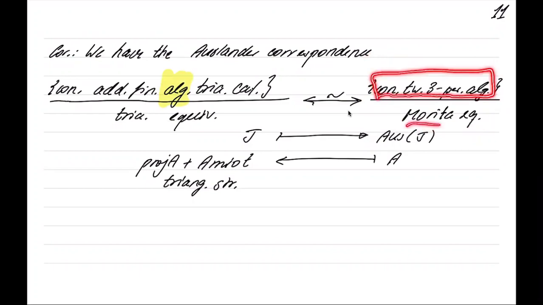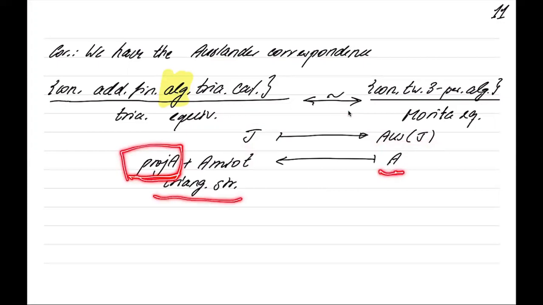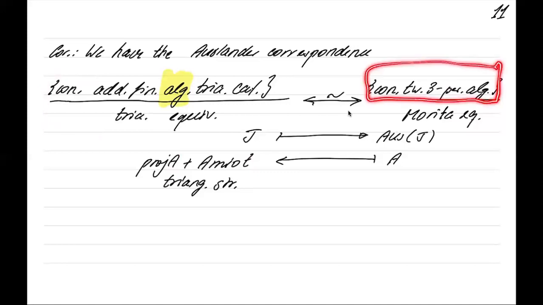From left to right, it's given by the functor which takes a triangulated category to its Auslander algebra. And from right to left, we take the category of projective modules with the Amiot triangulated structure. We now know it is algebraic, and we get all algebraic triangulated structures in this way. So this classification problem is reduced to the corresponding classification problem for connected twisted three-periodic algebras.